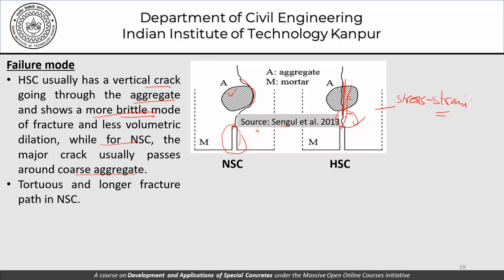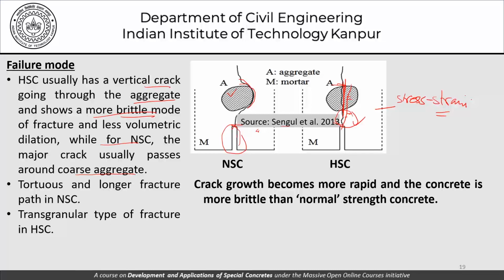In the case of normal strength concrete, the same thing is being expressed differently. The crack path is tortuous, more tortuous I should say, and a longer fracture path than in the case of high strength concrete. So you can imagine that the path from here to here is much straighter compared to the same path in the case of normal strength concretes.